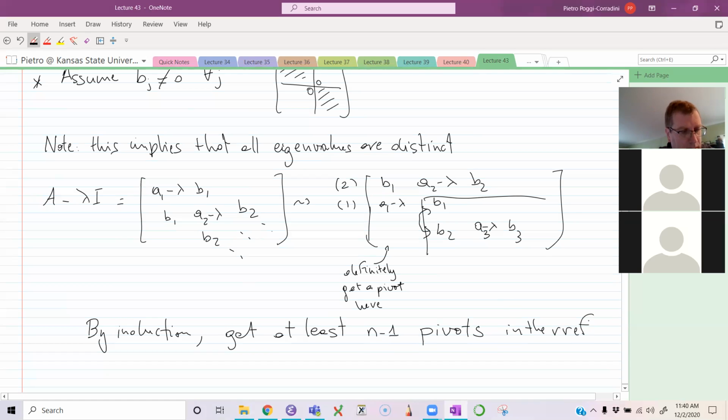Okay, that makes sense? Right, so that means that we get at most 1 degree of freedom, and so that means that all of the eigenvalues are simple.